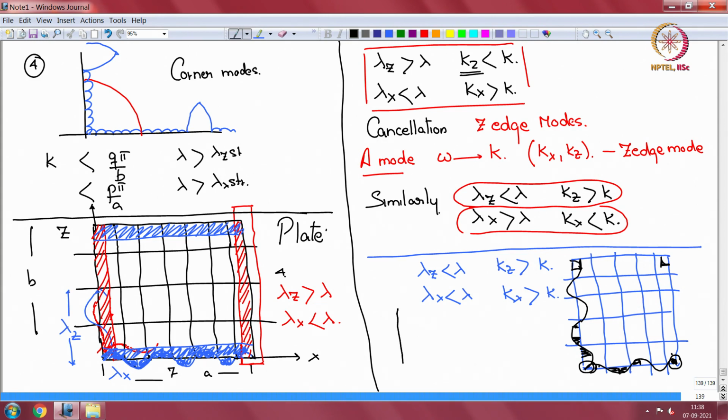So in this panel there will be a quarter cell here, quarter cell here, quarter cell here, and quarter cell here. So this is the corner mode.